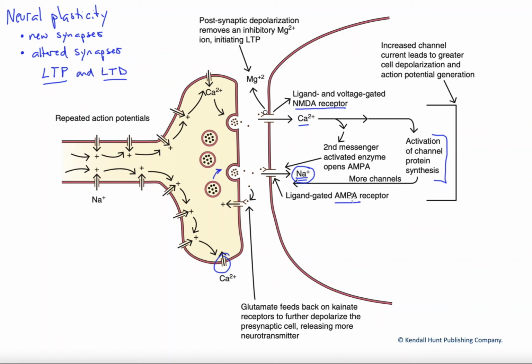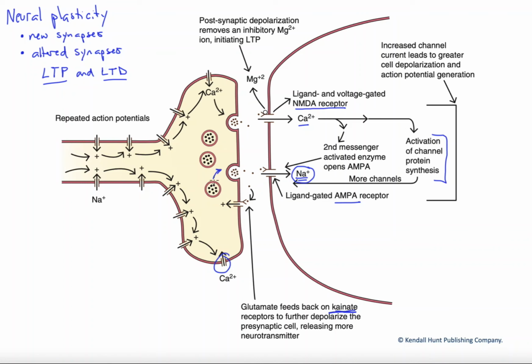Now, there's one other mechanism we want to point out here, and that involves a channel found in the presynaptic membrane, and that's this kainate receptor and channel. This one is actually stimulated by the neurotransmitter to result in ion flux that results in greater neurotransmitter release. So it literally forms a positive feedback loop.